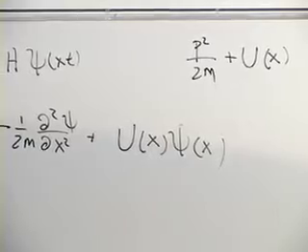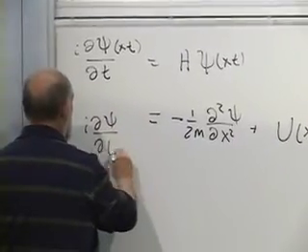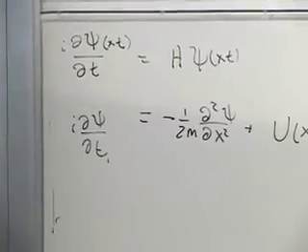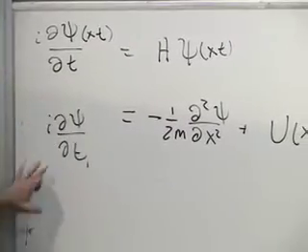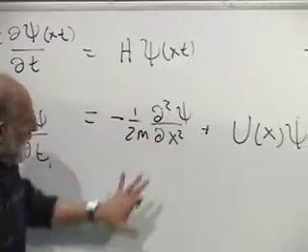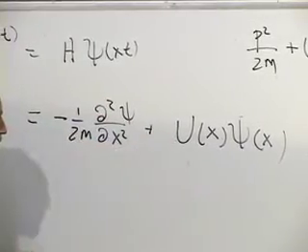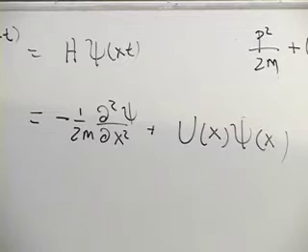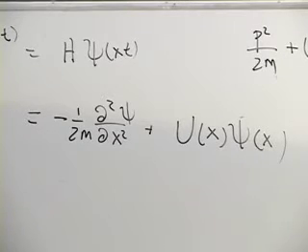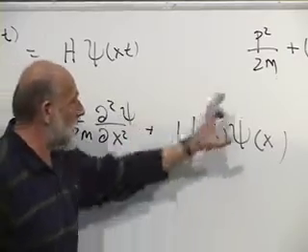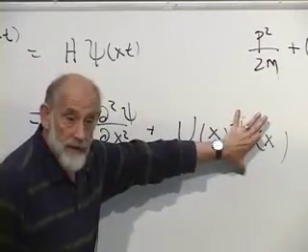i d psi by dt. This is the Schrodinger equation that Schrodinger actually wrote down. It says the time rate of change of psi is just exactly what it was before, plus an extra term, which is U of x times psi of x. Why is the psi of x here? Why not just U of x? Because U of x is an operator that operates on the state vector.